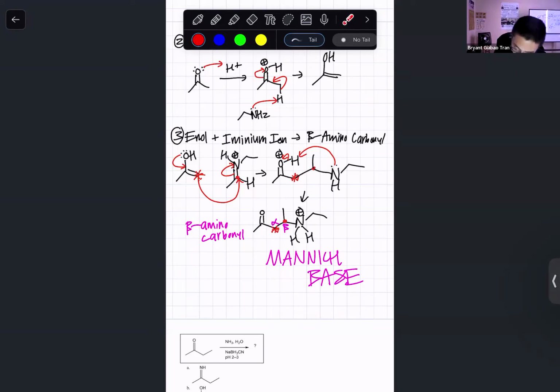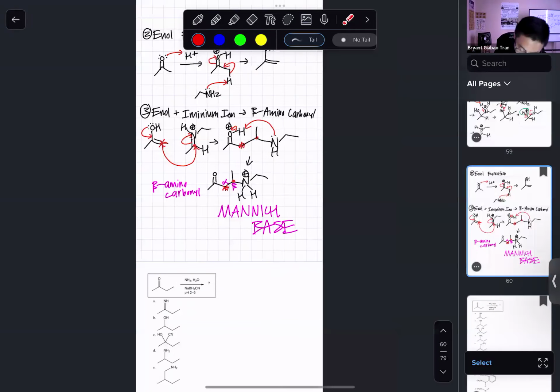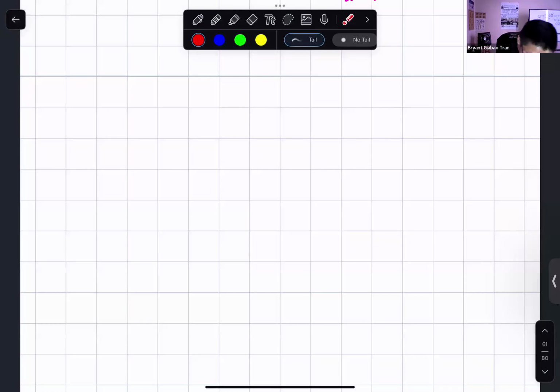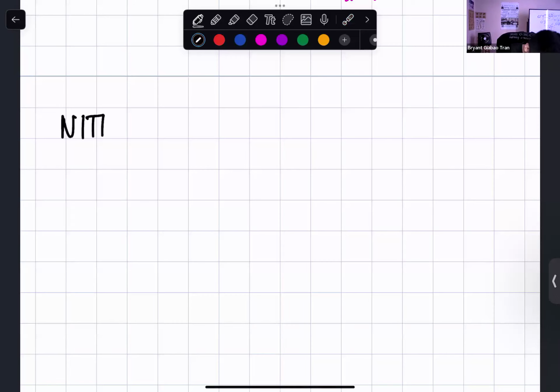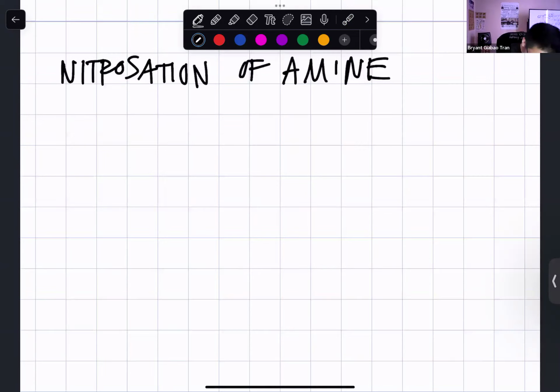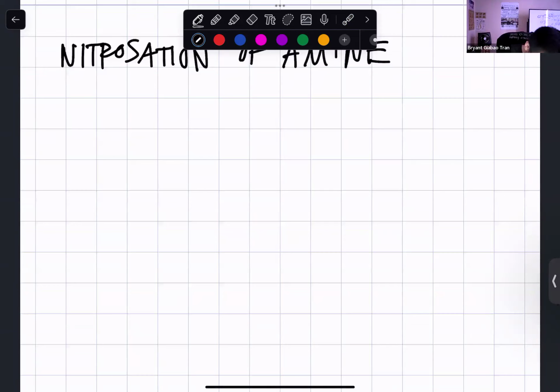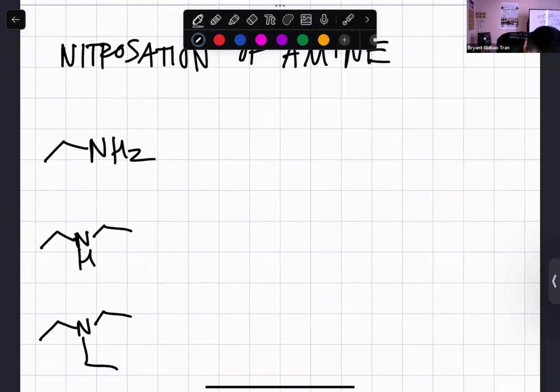But let's go over the nitrosation of amines now, right? So nitrosation, and then let's end up with another synthesis problem. Nitrosation of amines: you could either have a primary amine, a secondary amine, or a tertiary amine, and you're going to react with these reagents here: NaNO2, HCl.